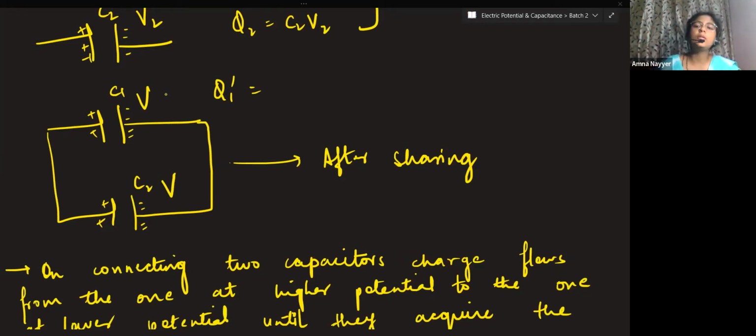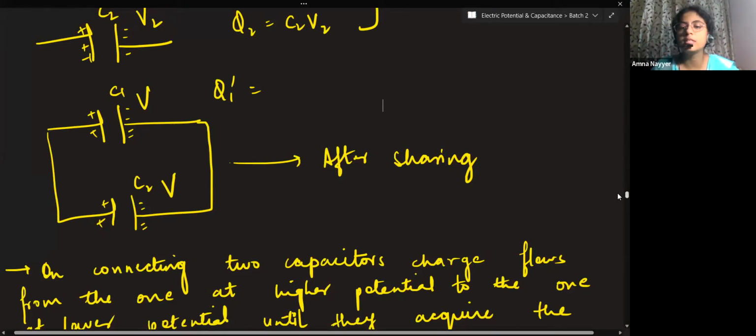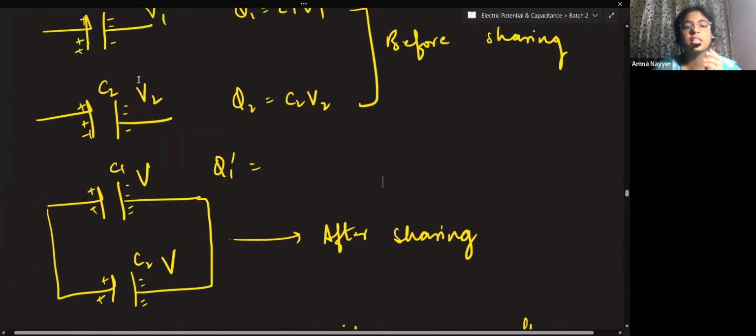We have discussed, Hamza, the relation between charge, potential and capacitance. If capacitance was C2 and potential was V2, the charge was C2V2.